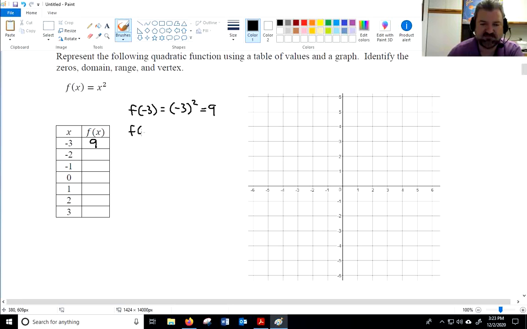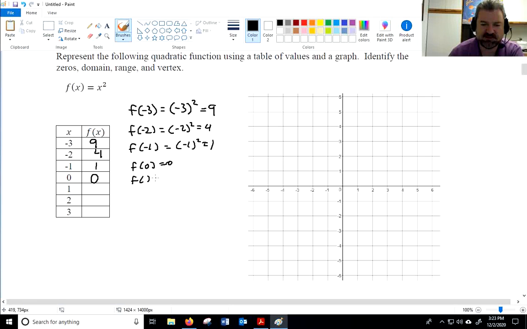Then we can do f of negative 2. Negative 2 squared is 4. F of negative 1. Negative 1 squared is 1. F of 0 is 0.